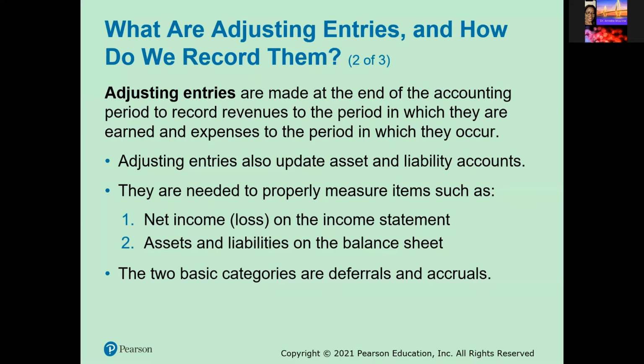Adjusting entries also update assets and liability accounts. Again, they are needed to properly measure items such as a net income or a loss, assets and liabilities, and the two basic categories are deferrals and accruals. We'll talk about deferrals and accruals in our next slide.